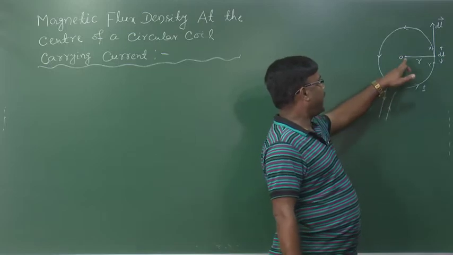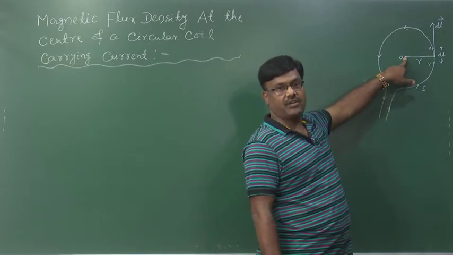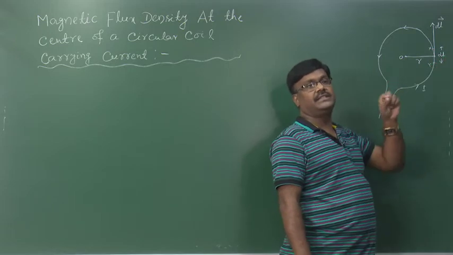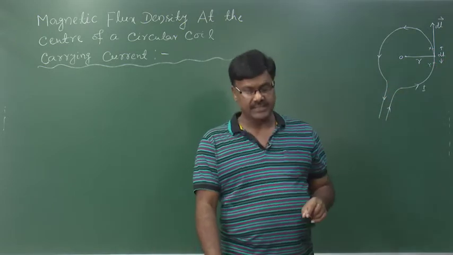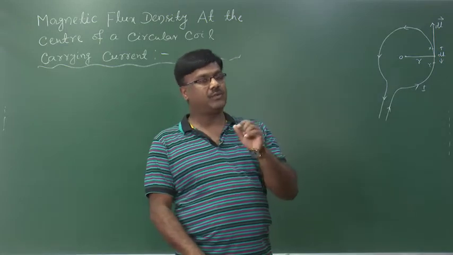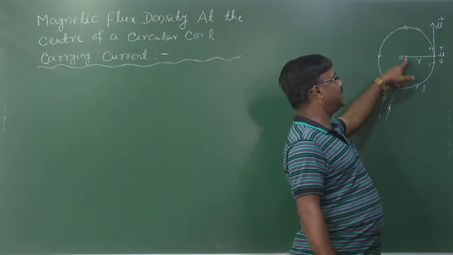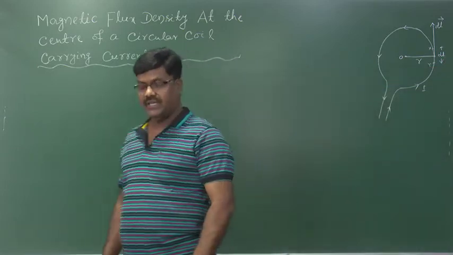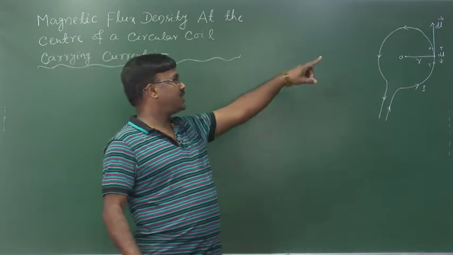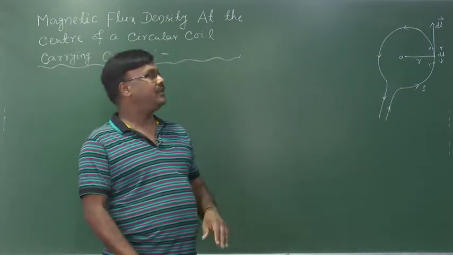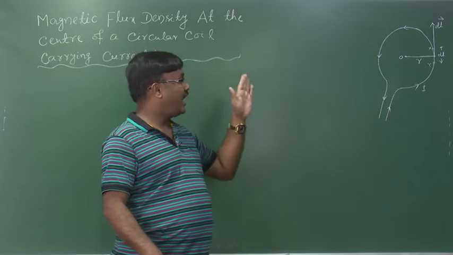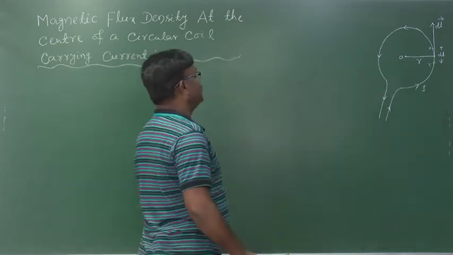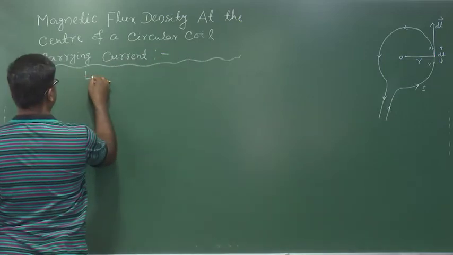Now, to find the field strength at the center of the coil, let us consider a small element of length dl. First, we have to find out the field at this center due to this element using Biot-Savart's law. Then by integrating over the total coil, we can calculate the total field strength at the center of the circular coil carrying current.